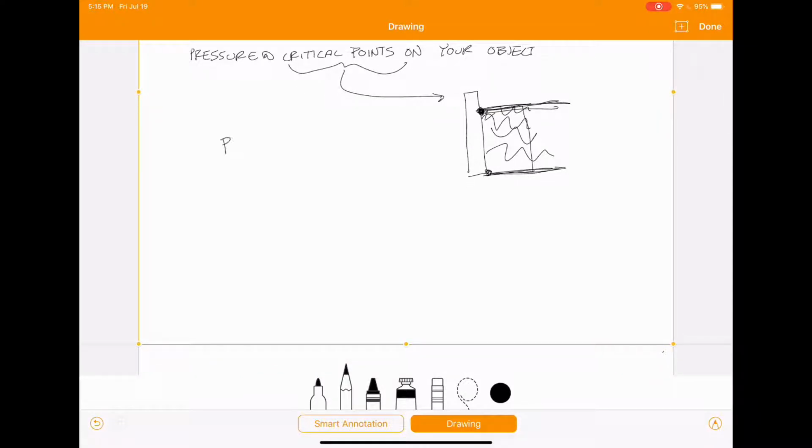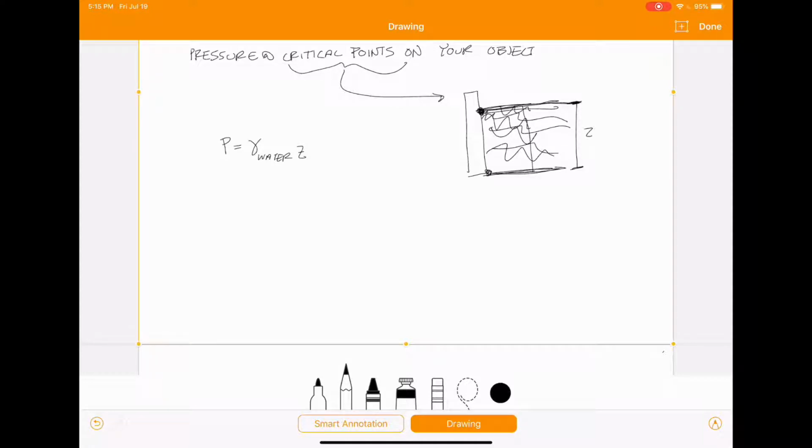And so you're going to calculate pressure by taking the specific weight of your water or whatever sort of liquid you have over here. It doesn't necessarily have to be water. And then multiply it by the depth from the top of the water down to that point of interest.